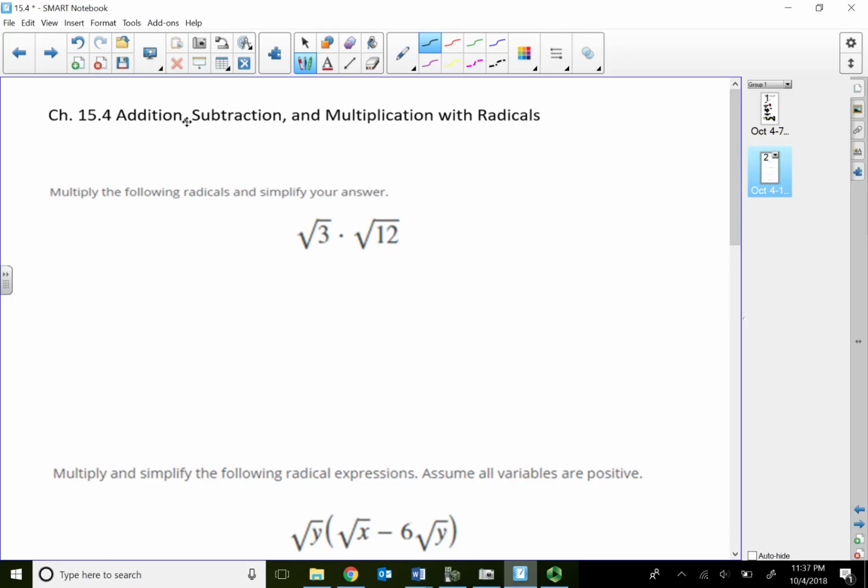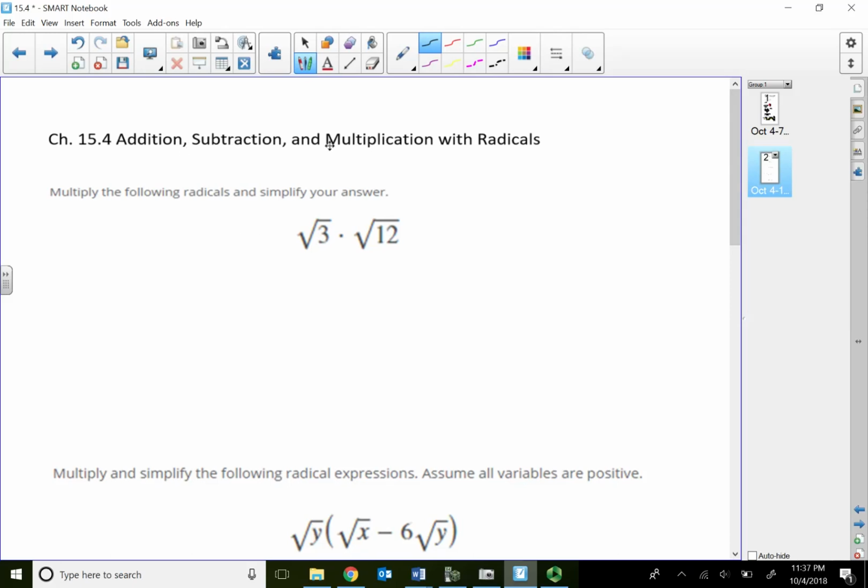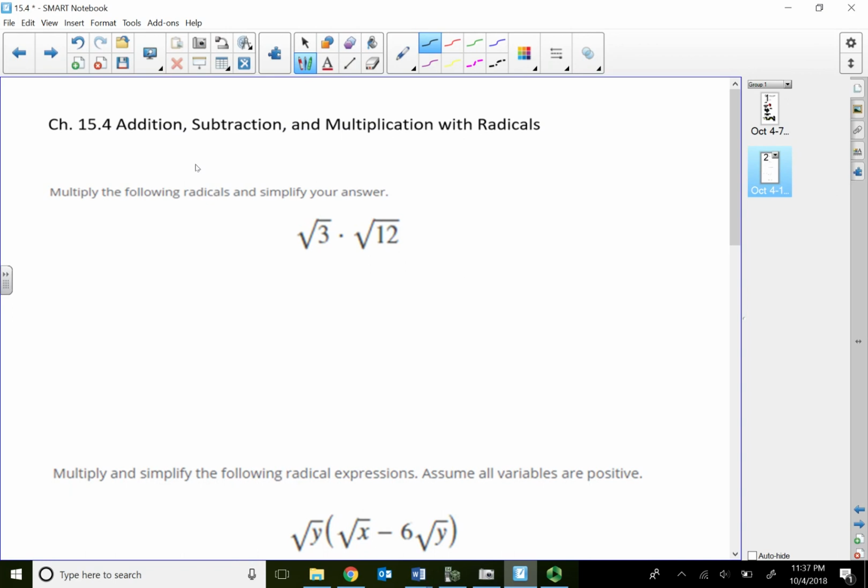Module 15.4. In this video, we're going to begin to multiply with radicals. Back in module 15.2, there was a property that says the square root of a times the square root of b can be written as the square root of ab.